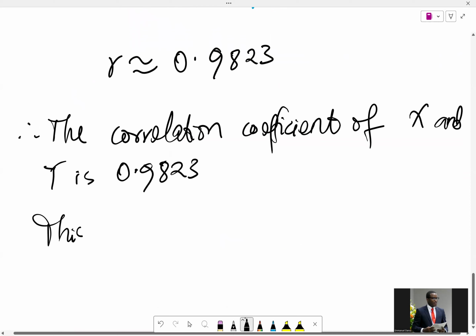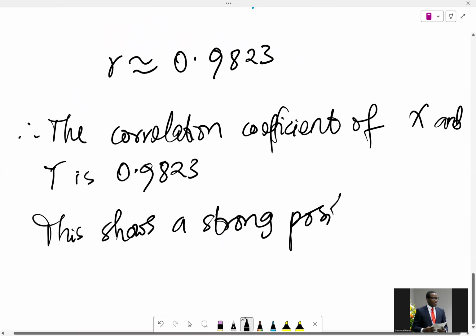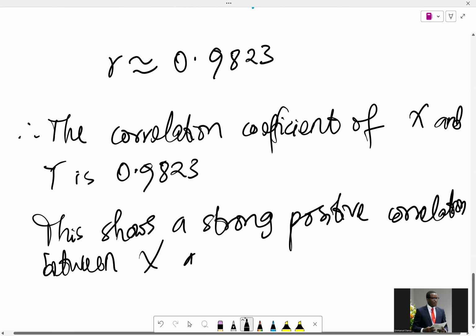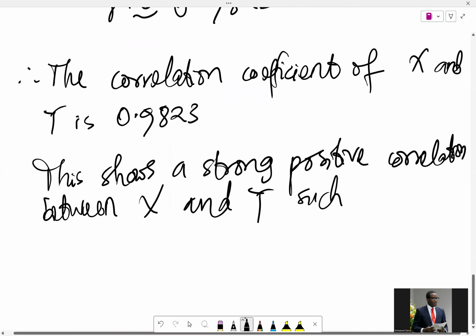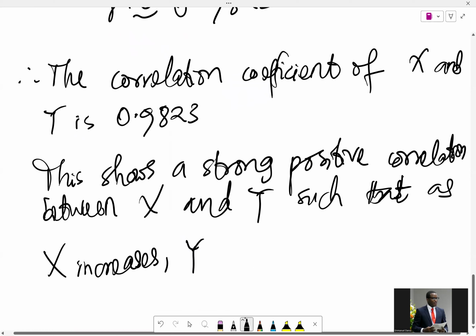This shows a strong positive correlation between X and Y, such that as X increases, Y also increases.